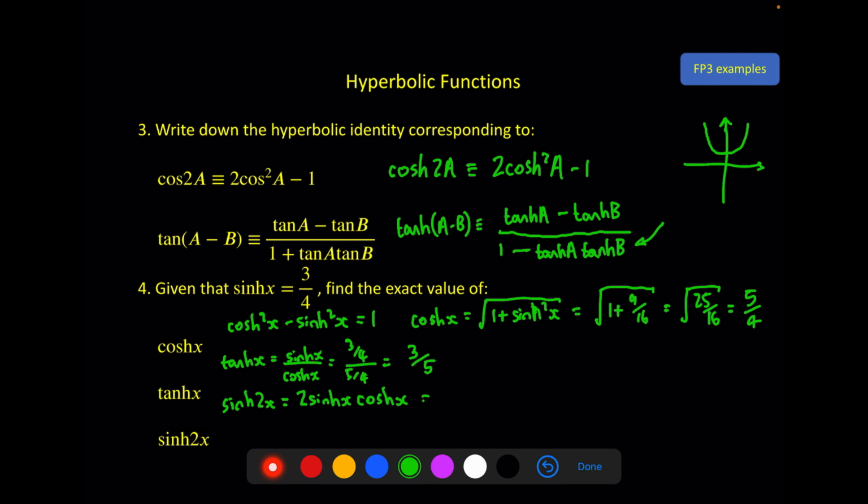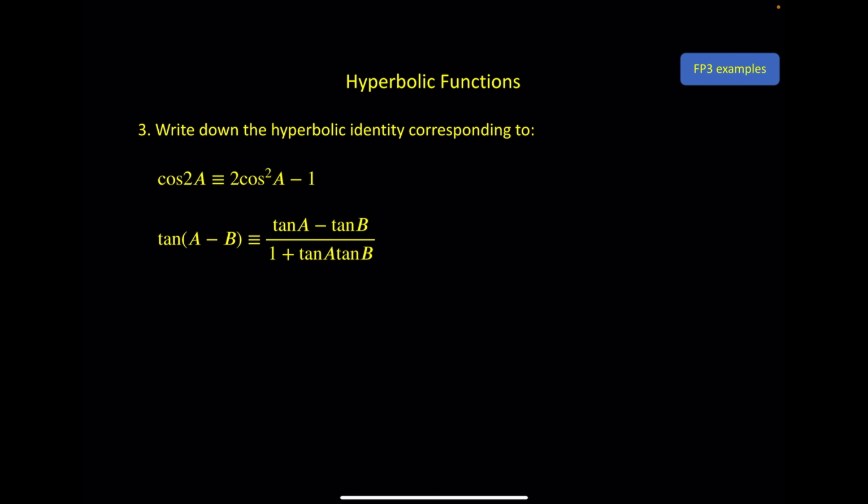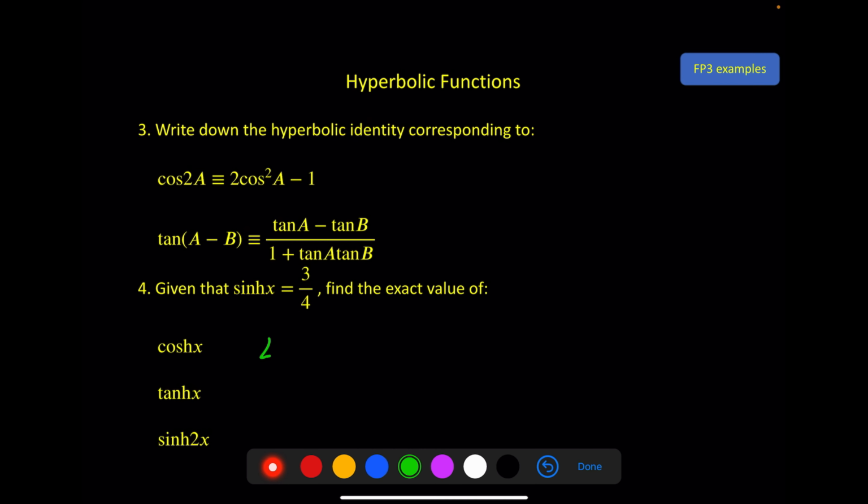In this case, I know sinh x is 3 out of 4, and cosh x, if I remember, was 5 out of 4. That can cancel with that, which gives us 15 over 8.